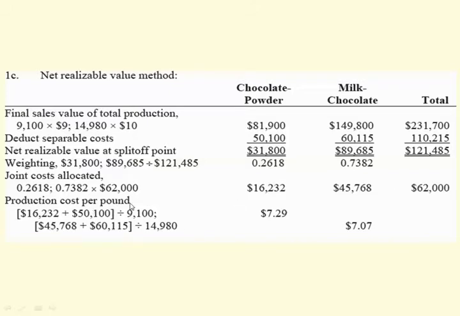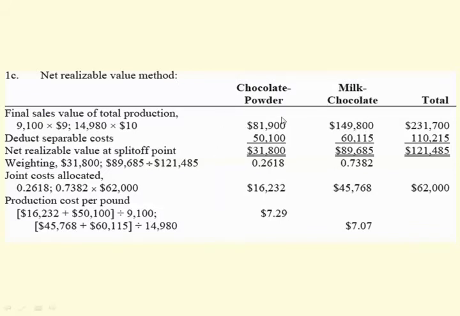Production cost per pound equals the share of joint costs for the first product, 16,232, plus its separable costs, which was 50,100, divided by number of pounds 9,100, which will result in $7.29 per pound for chocolate powder.